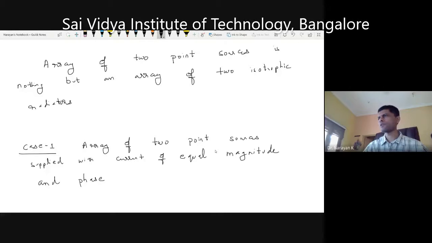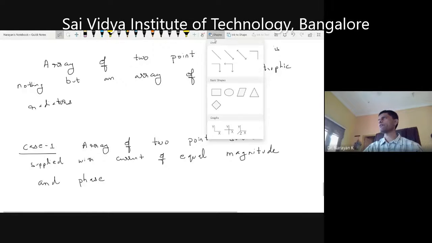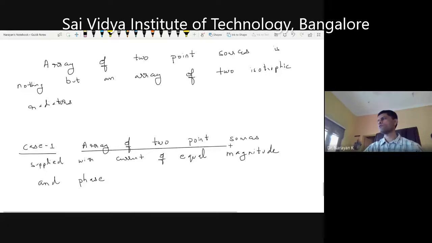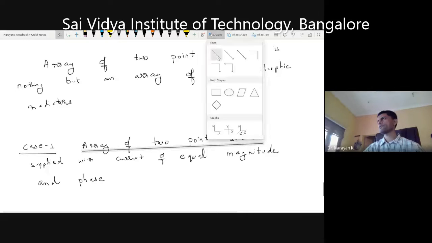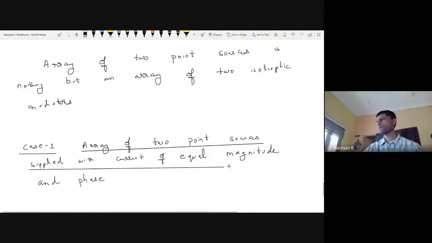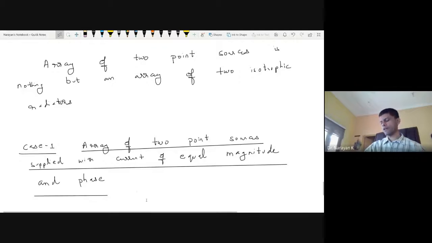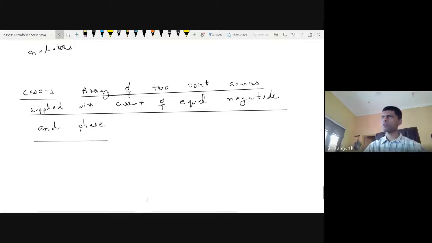This will be very important from your examination point of view. They will ask you to derive an expression of array electric field due to array of 2-point sources supplied with currents of equal magnitude and phase. I just forgot to write here, electric field.